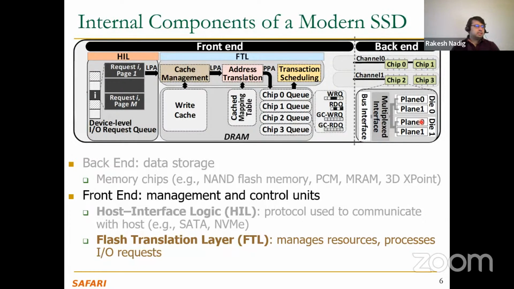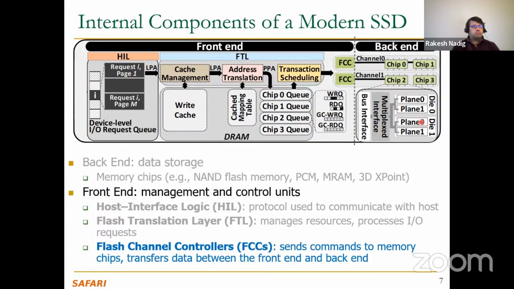It manages the mapping table, which is a very critical part of the SSD. It also manages some of the queues and the buffers that are there in the SSD for high performance. So these are the responsibilities of the flash translation layer. It also performs critical functions like garbage collection and wear leveling.